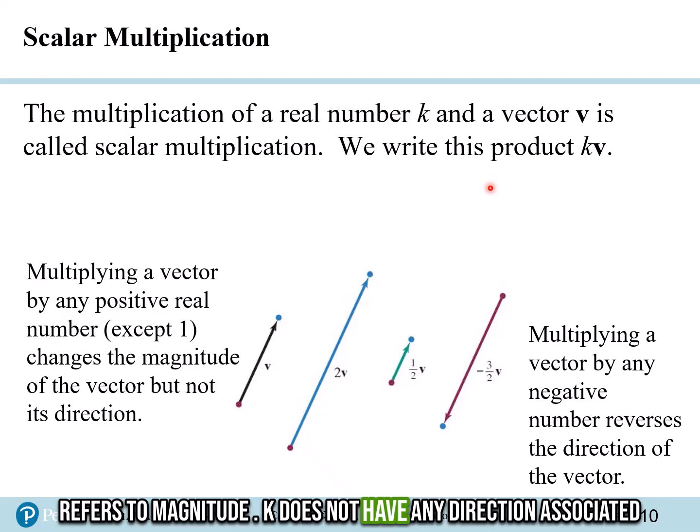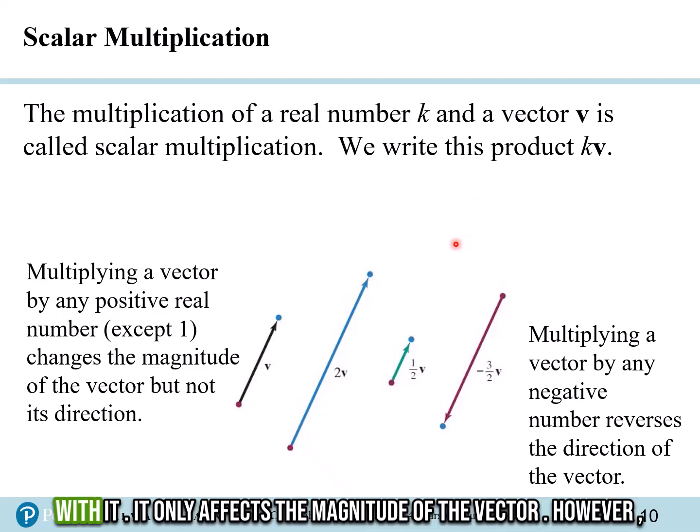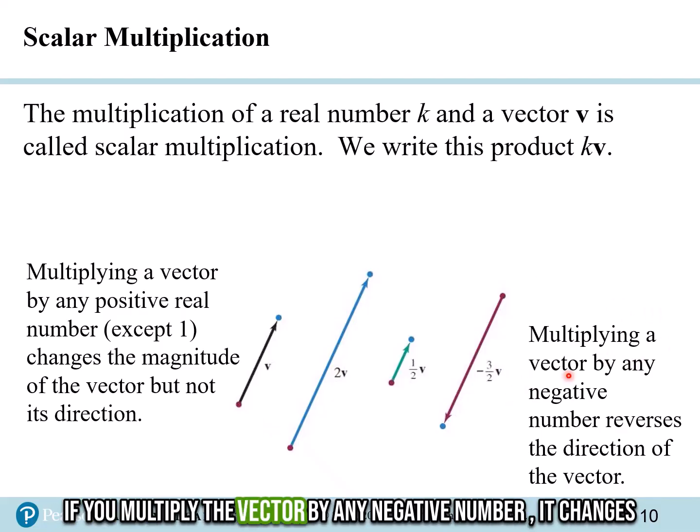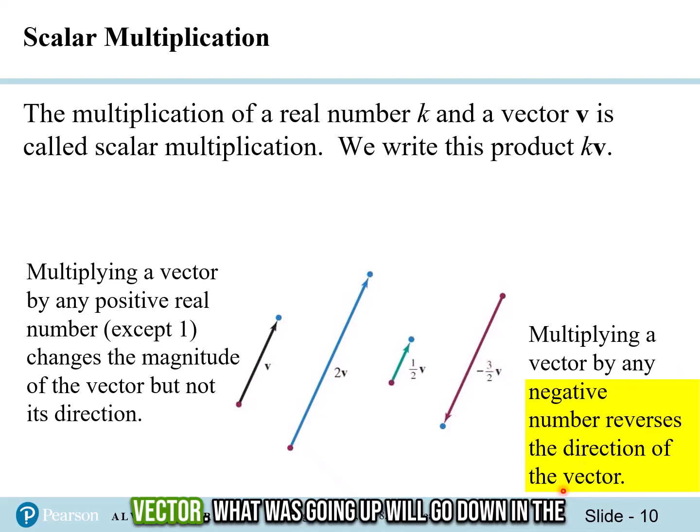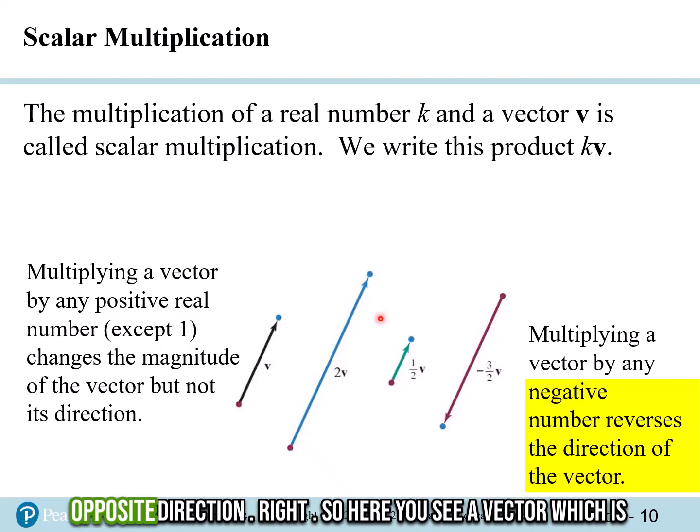K does not have any direction associated with it. It only affects the magnitude of the vector. However, if you multiply the vector by any negative number, it changes the direction in the sense that it reverses the direction of the vector. What was going up will go down in the opposite direction.